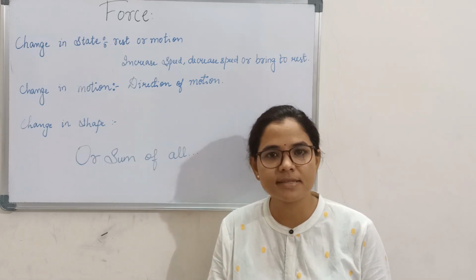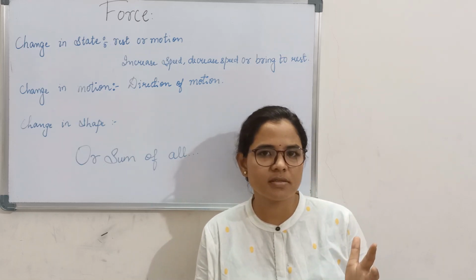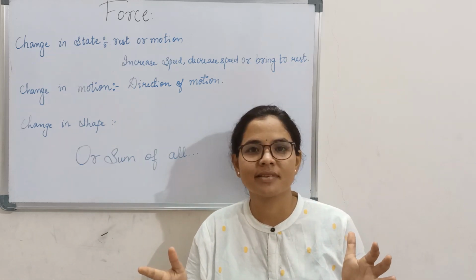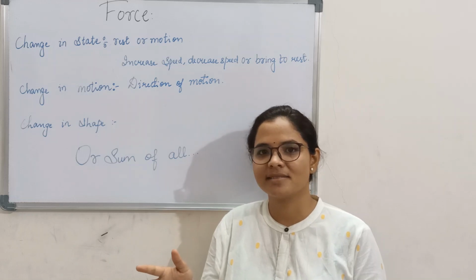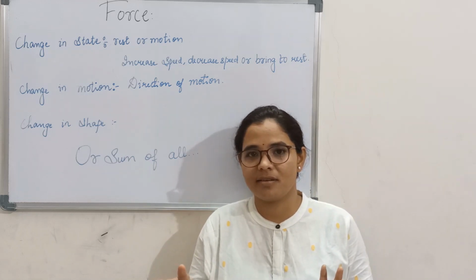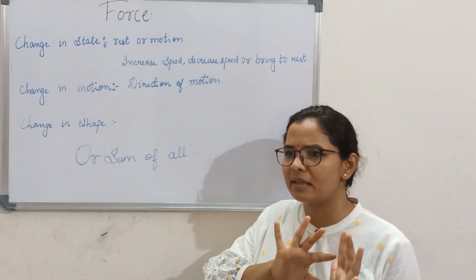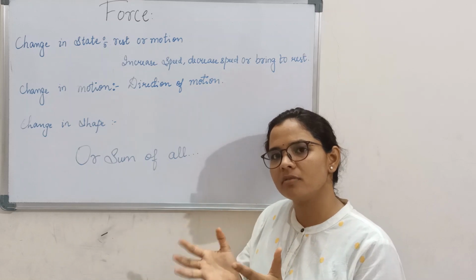This is the first case. The second case is, this person is applying more force than this person. How will the box respond in the second case? And in the third case, if both of them are applying force in this direction, how is the box going to respond?